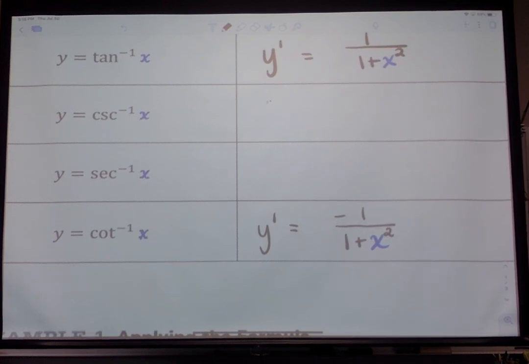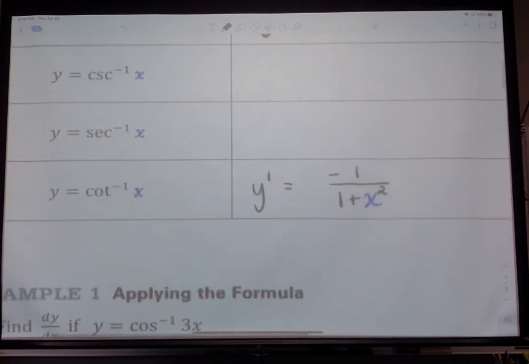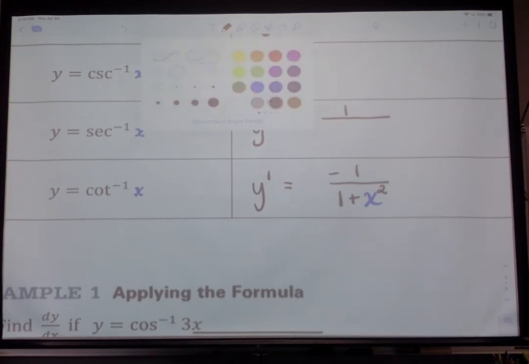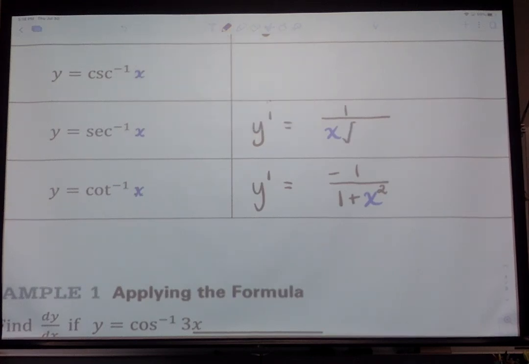And then cosecant and secant. Secant is going to be the positive version, so it's going to be y prime equals 1 over, super ugly, x radical x squared minus 1.